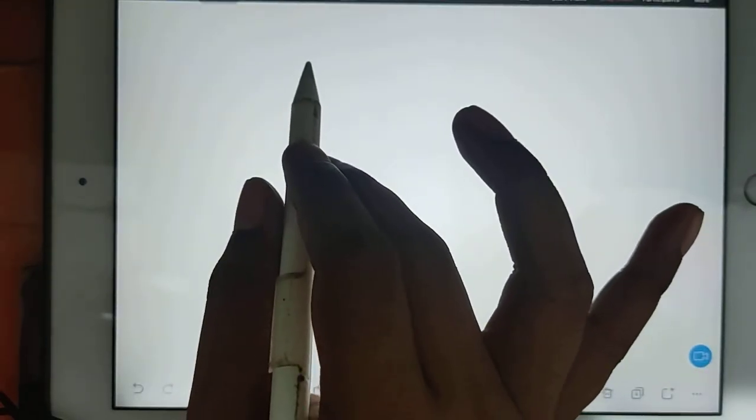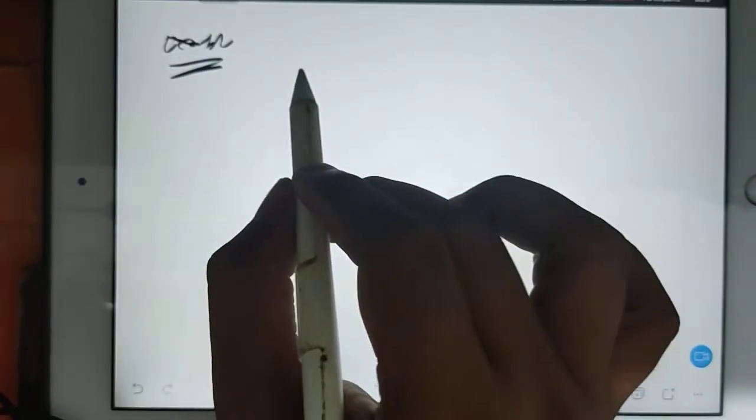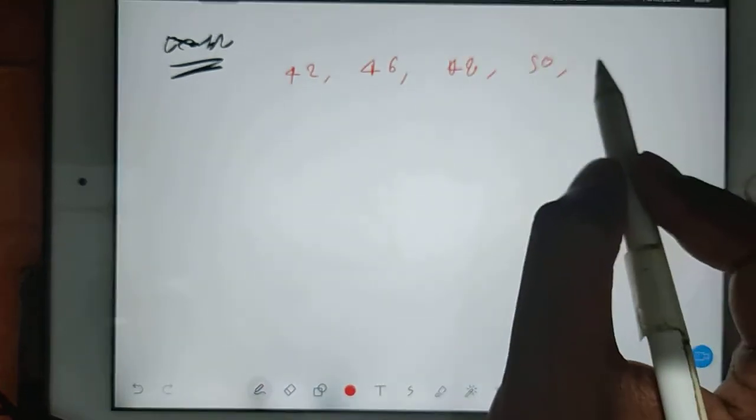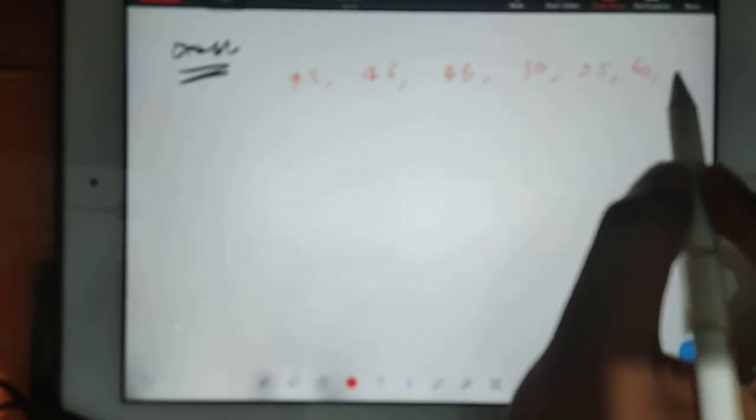Suppose you have a set of numbers, like an example under arithmetic mean only. Suppose the example is 42, 46, 48, 50, 55, 60, 70.